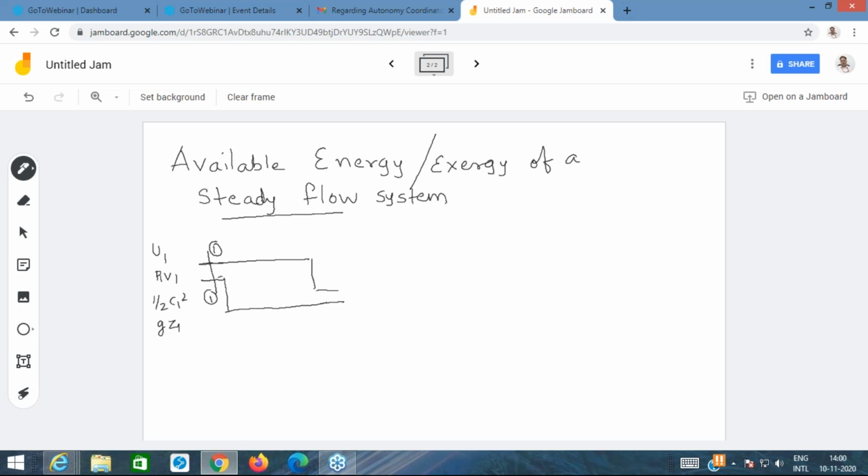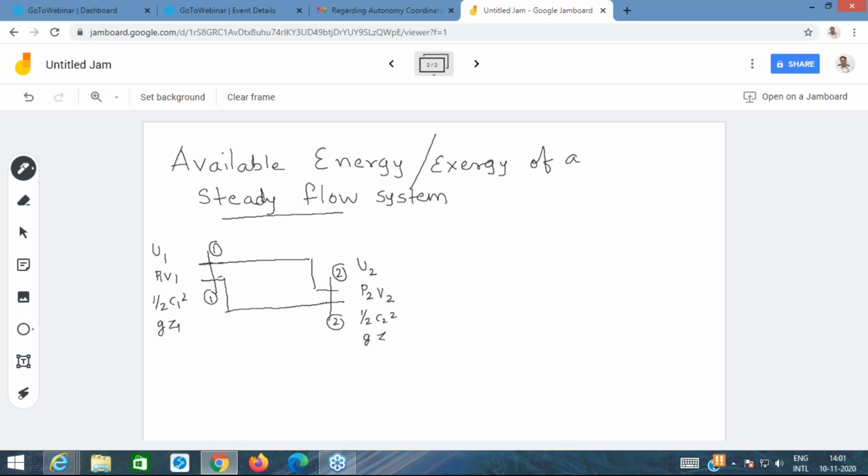Let us say this is state 2, the outlet, having properties: internal energy U2, the flow work at section 2 is P2 V2, the kinetic energy is half C2 square, and potential energy is g Z2.